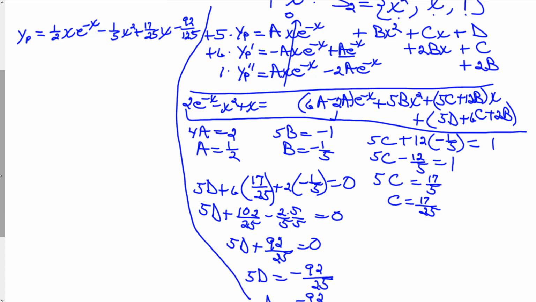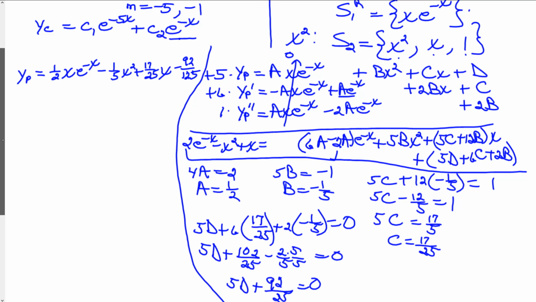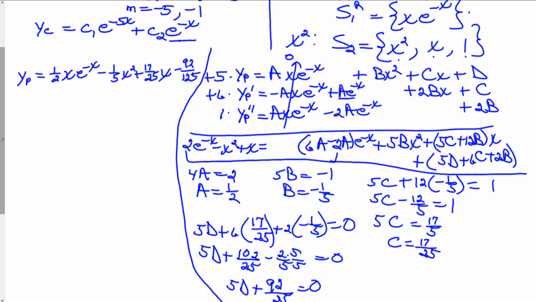So our final solution, remember, has to include both y equals y sub c plus y sub p. So this general solution has to have all these terms in it. And I'm going to run out of room, so I'm going to have to use my second line.